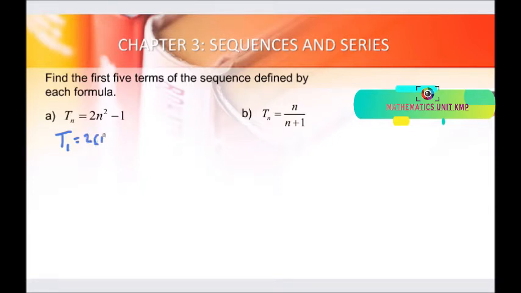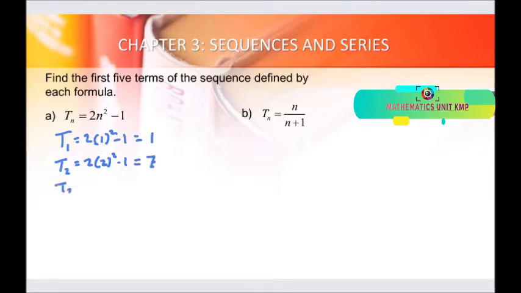So we get 2 minus 1 equal to 1. The second term, T2, substitute 2 into the formula. So 2 squared, 4, multiply with 2, 8, minus 1, 7.